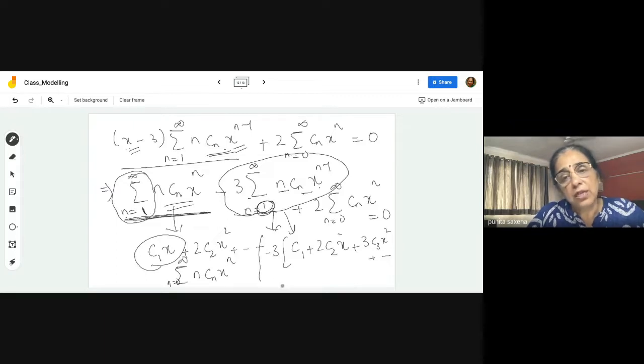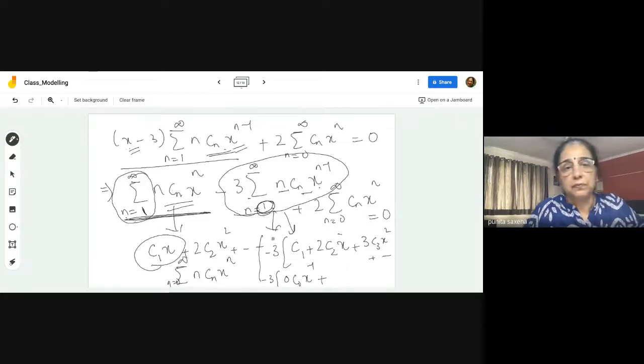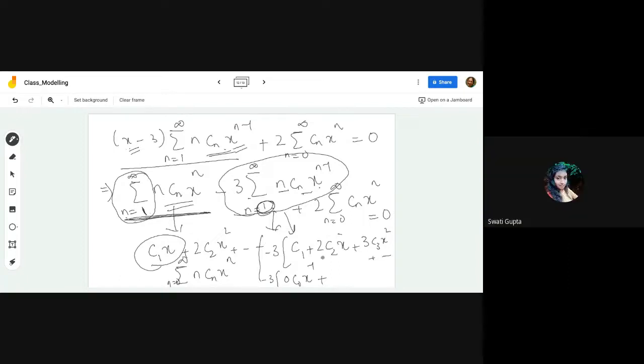Now start from 0. What do you get? You're getting 0 times C0, x to the power minus 1, plus and so on. Ma'am, ultimately the first term will be 0 here.